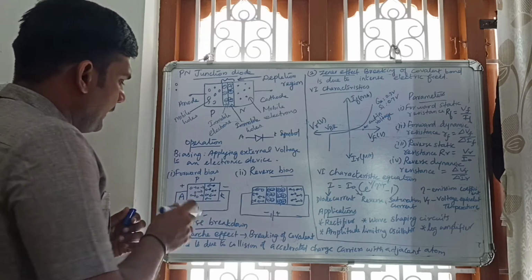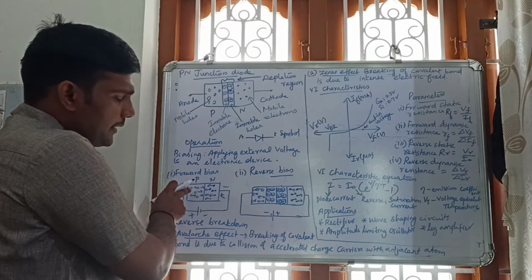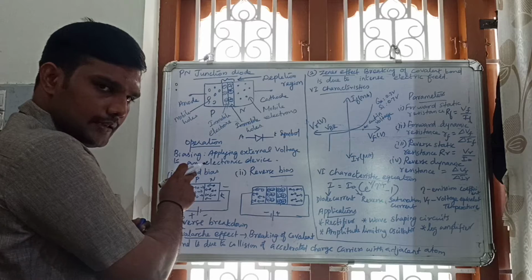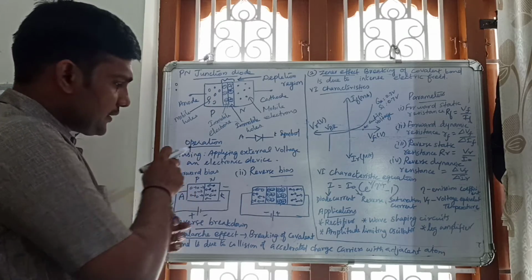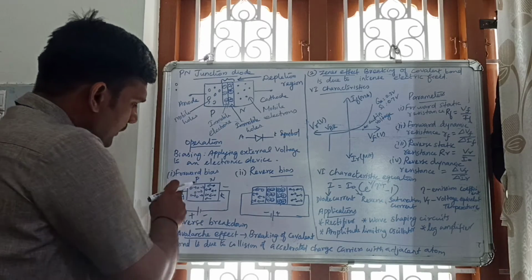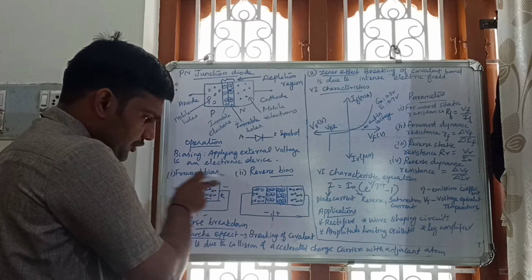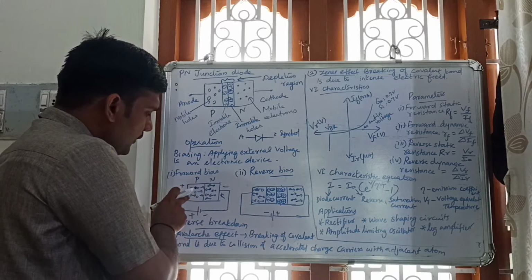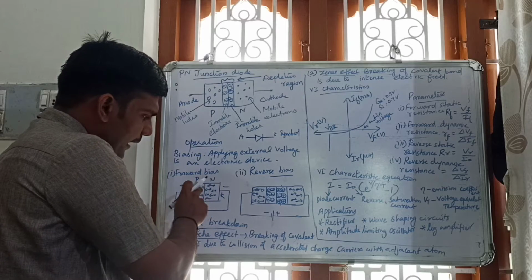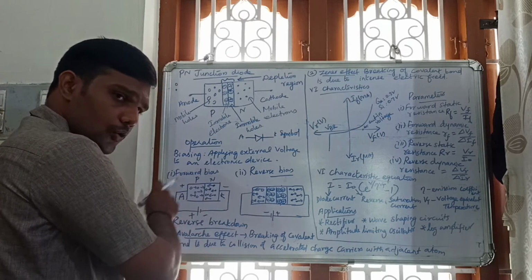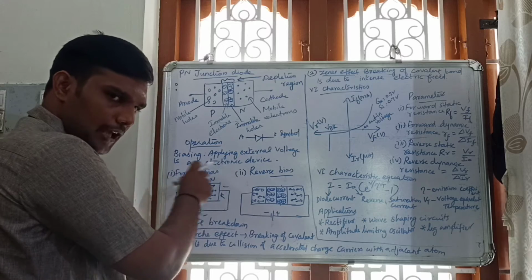So in P-type semiconductor, the majority carriers are holes, which are positive charges. So the positive will repel, and it is pushed in this direction, which crosses the junction, and so the holes are flowing in the forward direction.